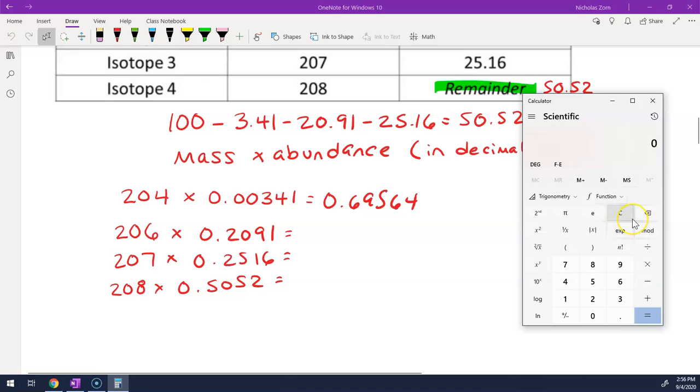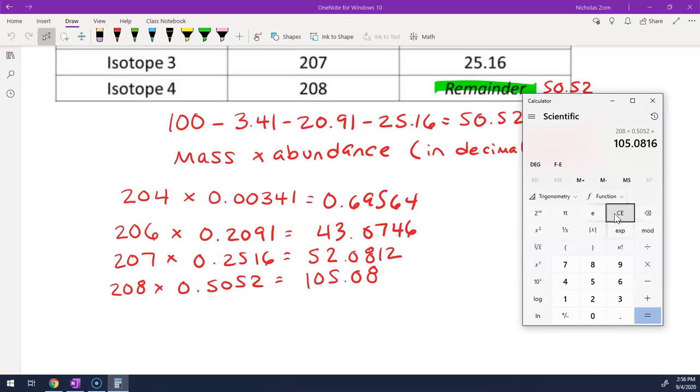For the second one here, 206 times 0.2091 gives us 43.0746. 207 times 0.2516 is 52.0812. And then finally, 208 times 0.5052 is 105.0816. Okay. So next, I'm going to go ahead and add up all of these numbers.